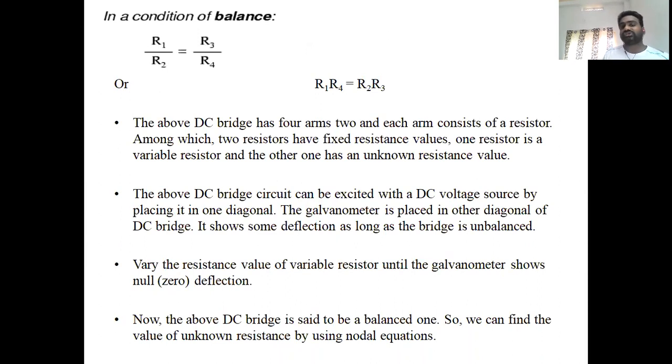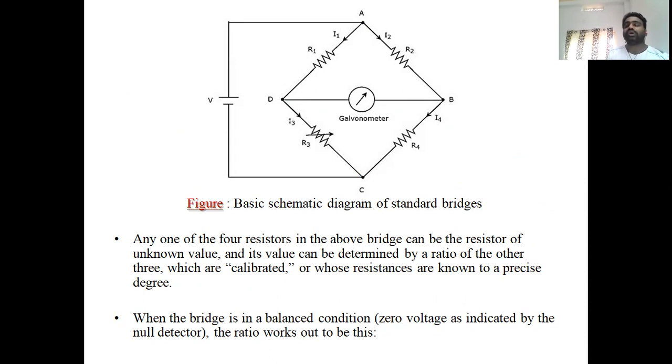In a balanced condition, what is a balanced condition? The galvanometer here is connected at the center, between the D arm and B arm. At the balanced condition, the galvanometer will show a null deflection. Null deflection means there is no deflection in the galvanometer.